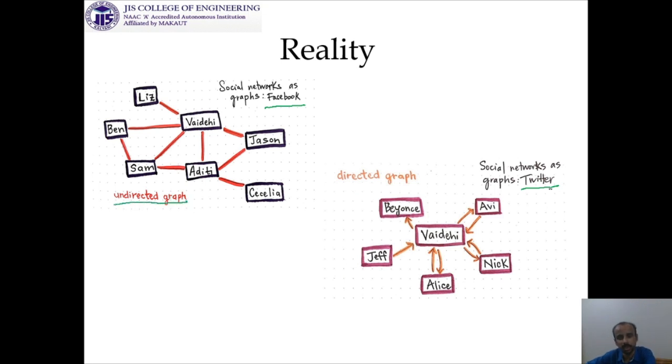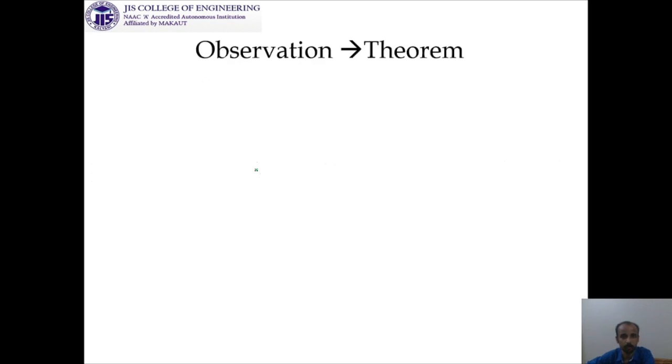But when you think about Twitter, it is a directed graph, because if you think about this node and this node, they have a connection in both directions. But if you think about this node and this node, they do not have a connection in both directions. But here, this node and this node are connected, and this node and that node are not connected. There is no question of direction in Facebook.